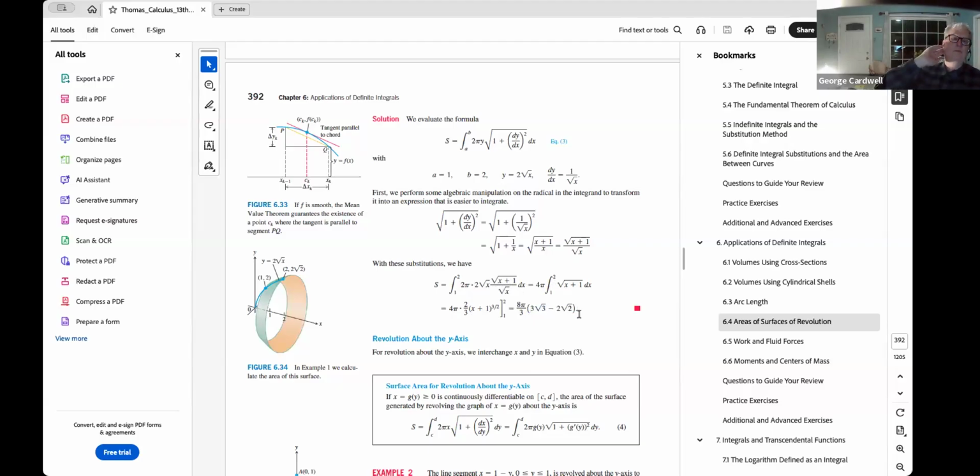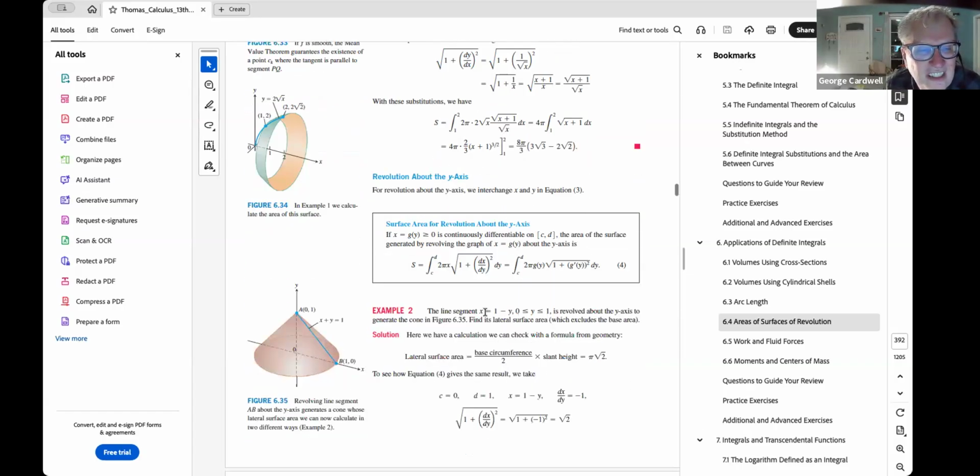So it's really a new formula, and it's a lot like the arc length formula. It has the arc length formula in it, but it has this extra term, 2 pi y or 2 pi f of x, however you want to write it. Down here is the formula for surface area for revolution about the y-axis instead of the x-axis. And he's just saying if x is a function of y, so he calls x as g of y, is greater than or equal to 0 and is continuously differentiable on [c, d].